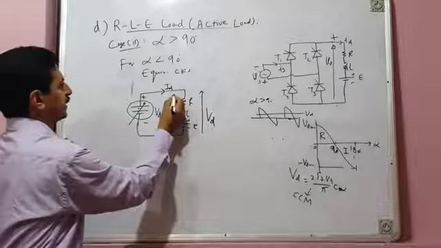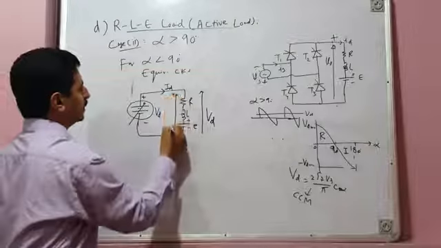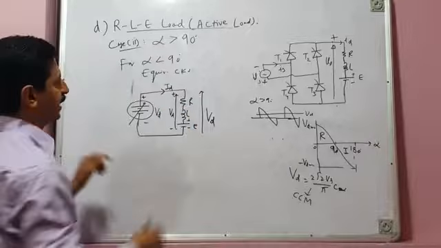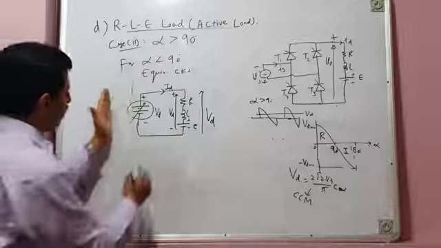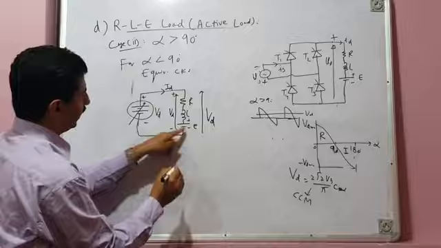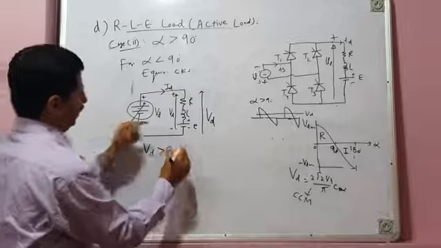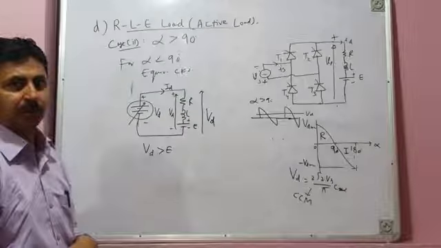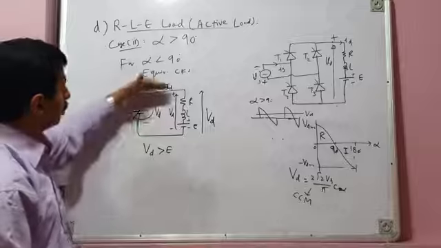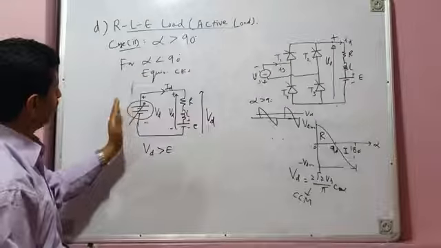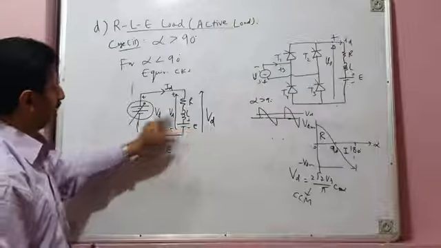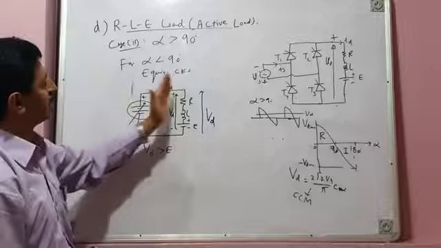Now, in this case, since average load voltage is VD and current is ID, this VD should be slightly greater than E, the EMF of the load, in order to push current ID. If VD is less than E, current cannot flow from low potential to high potential.